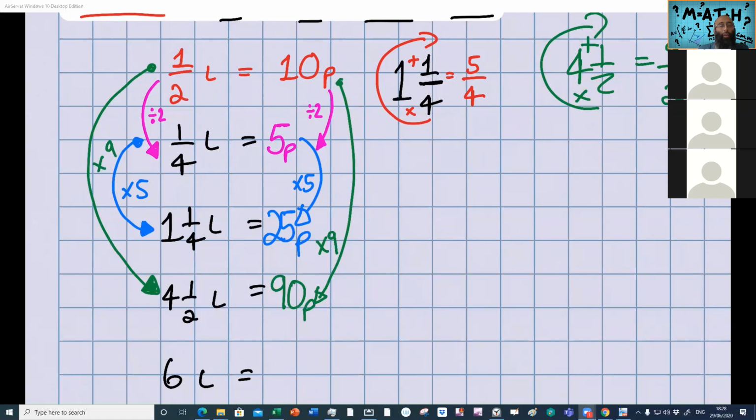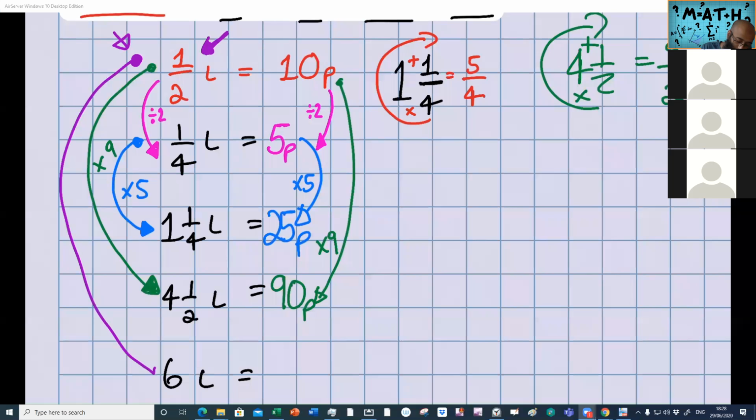Okay, now how do I get to 6 liters? 60 liters. No, 6 liters. So what you do is, where do I start from? You start from half a liter.